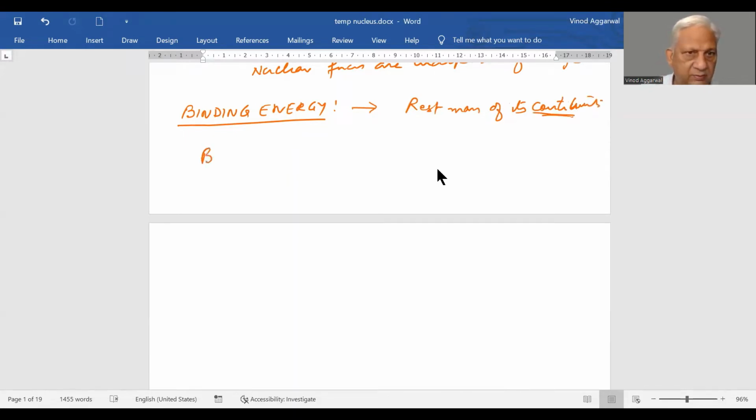For example, binding energy can be given as mass into mass of a proton plus mass of a neutron minus m. This is the total mass of protons, because this is unit mass of proton into number of protons, minus m.